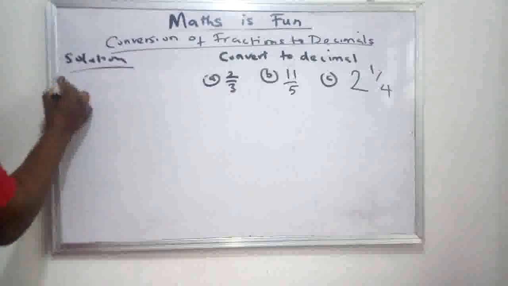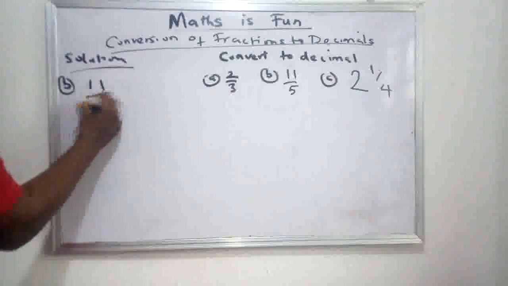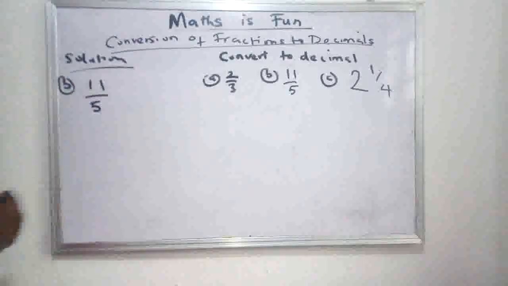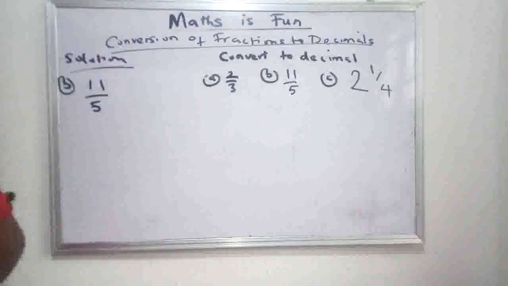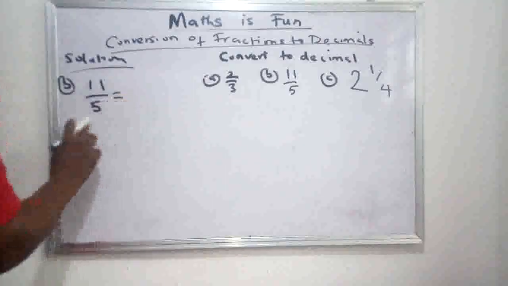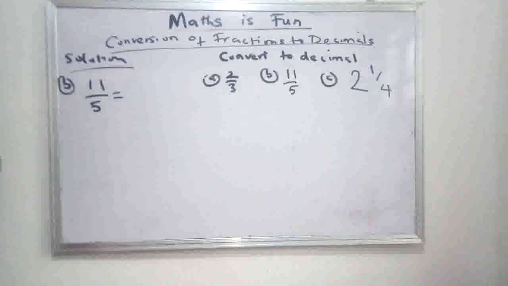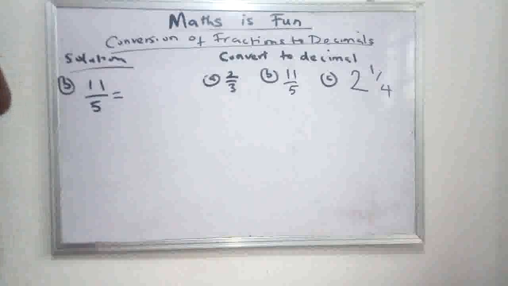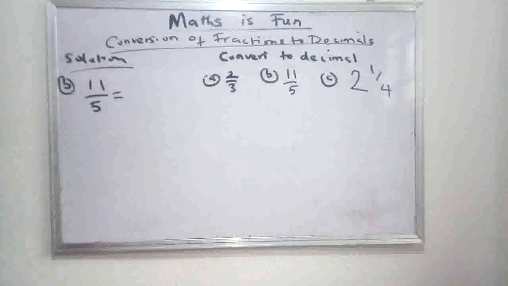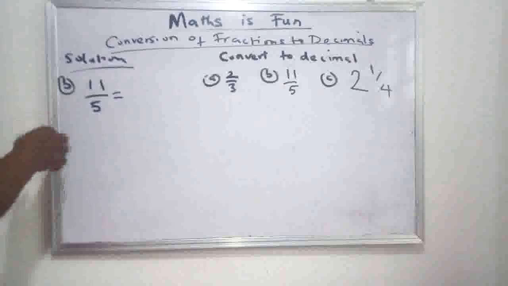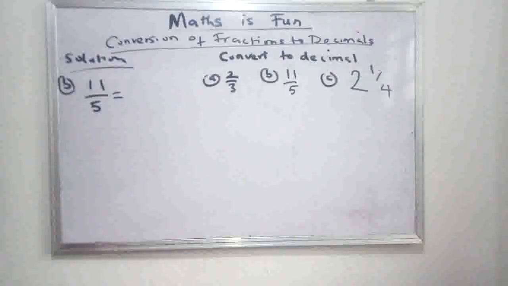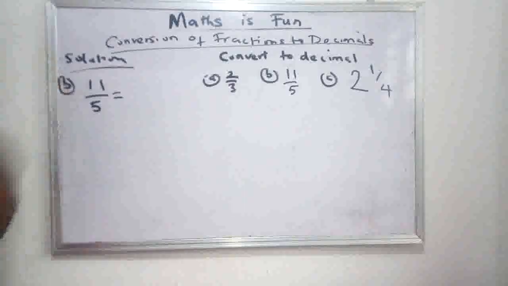So you have your 11/5. Alright? So how do we do this? Simply put, how many 5 can we see in 11? So 5 multiplied by what? You can do that counting we did in the previous example. I don't want to go back to that, but if you are going to do that, you'll find that you can find 5 two times in 11.